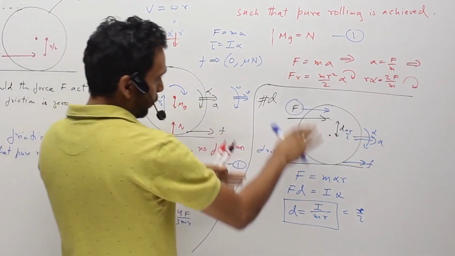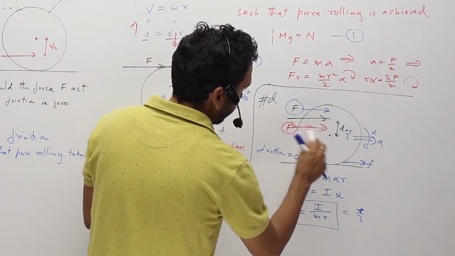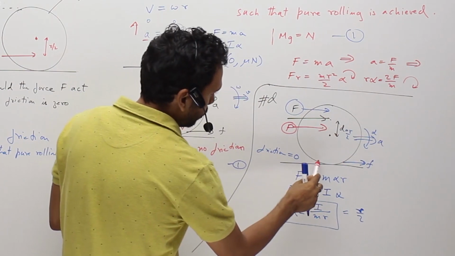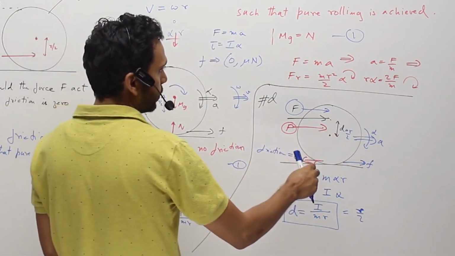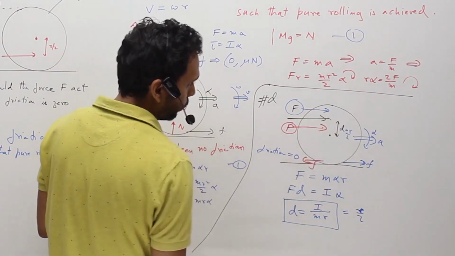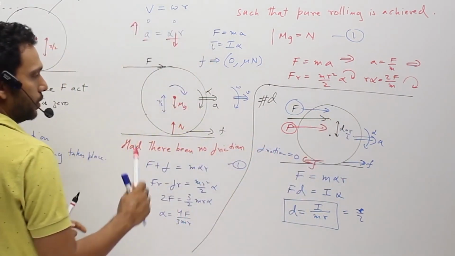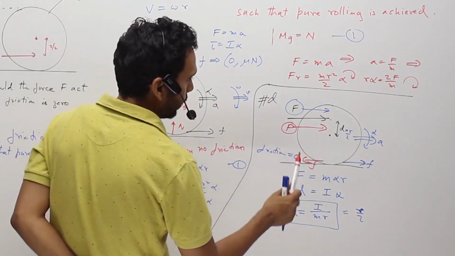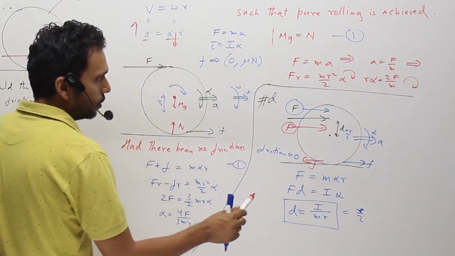And if F is acting below this, what happens? Your friction should be backwards, so that it will assist the F in giving a torque forward, and it will also reduce the A, the translational acceleration, so that your A matches with R alpha. So I hope you got the point.